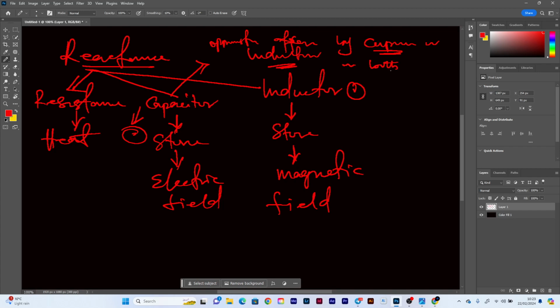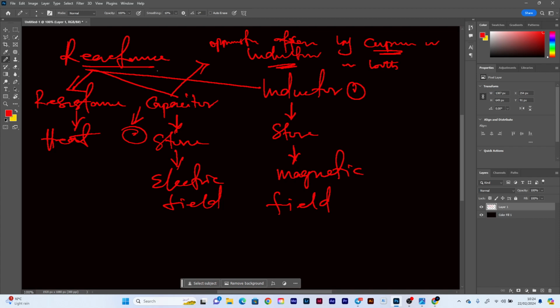There are some circuits that will only contain a capacitor, and some circuits will contain only an inductor, and some circuits will contain both a capacitor and an inductor. Do you understand that now? So any opposition offered by any of those circuits is what we refer to as reactance. Clear?